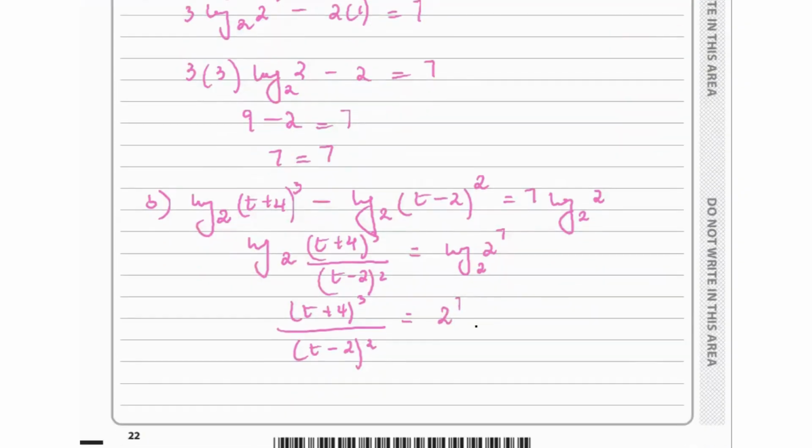Now we're going to expand the brackets. So the (t plus 4) whole cube, we can either use the cubic expansion or you can just split it into (t plus 4) times (t plus 4) whole square and then expand it.